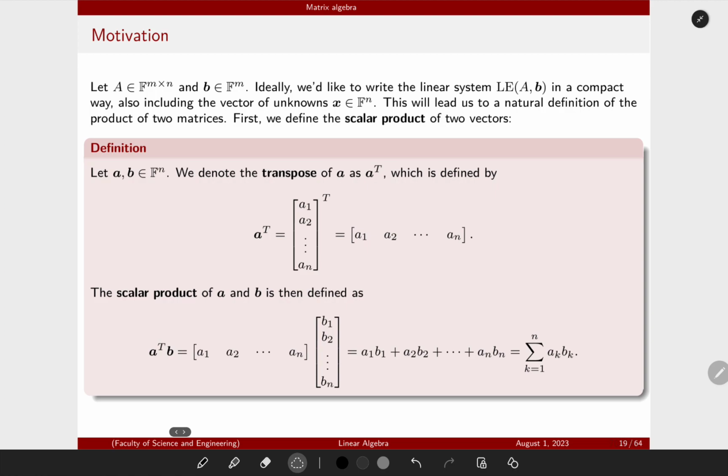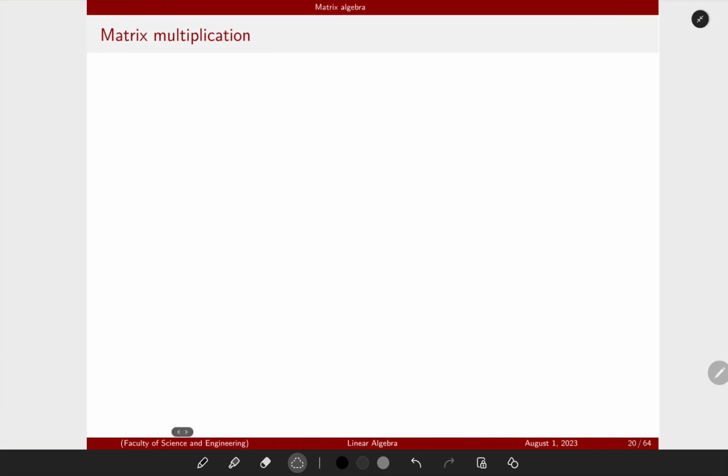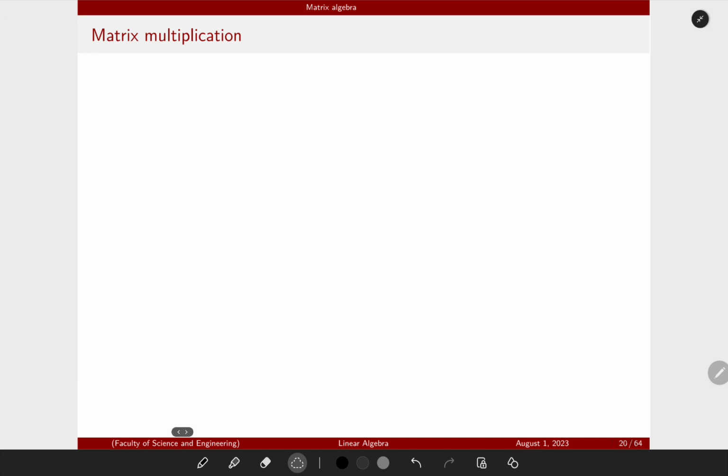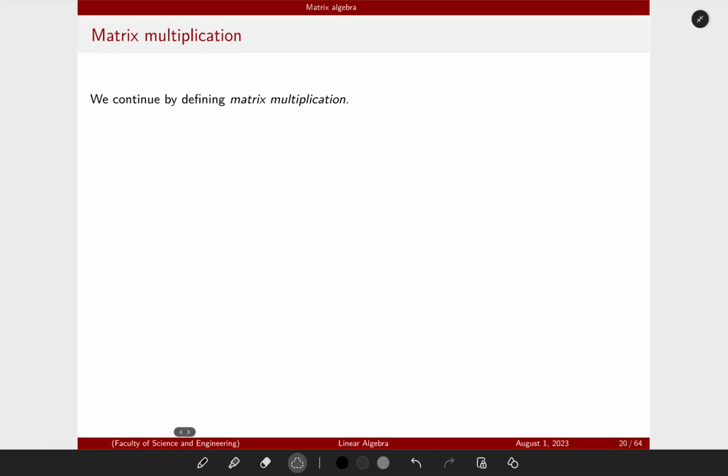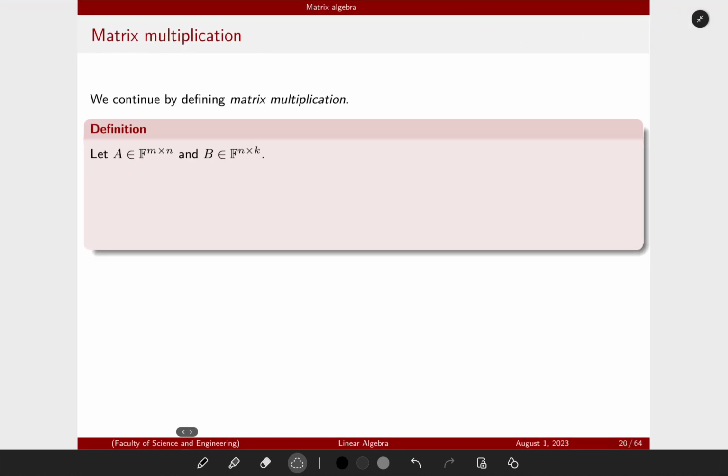Then the scalar product of a and b is basically a transpose times b, where we multiply a1 by b1, a2 by b2, etc. And so we get this sum from k equals 1 up to n of ak bk. Then, with this in mind, we can define a matrix multiplication. So yes, we continue by defining matrix multiplication.